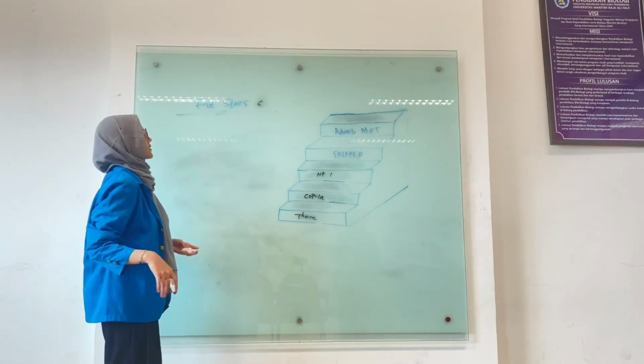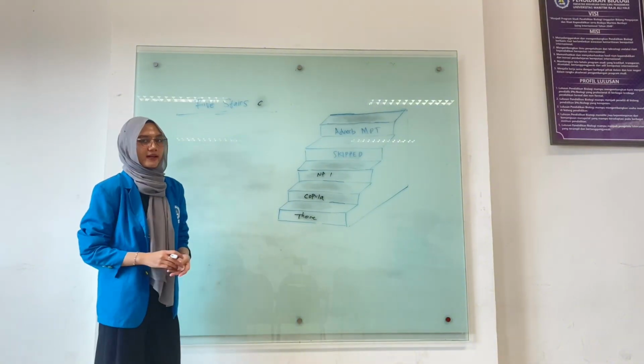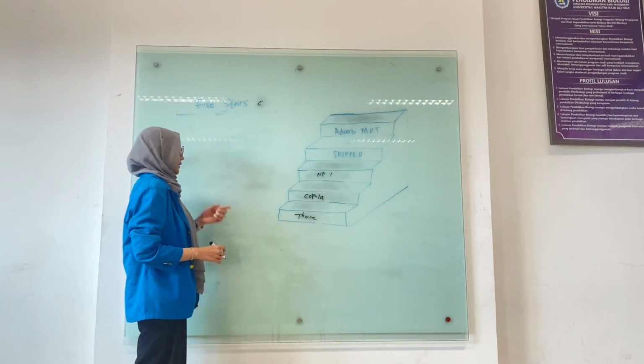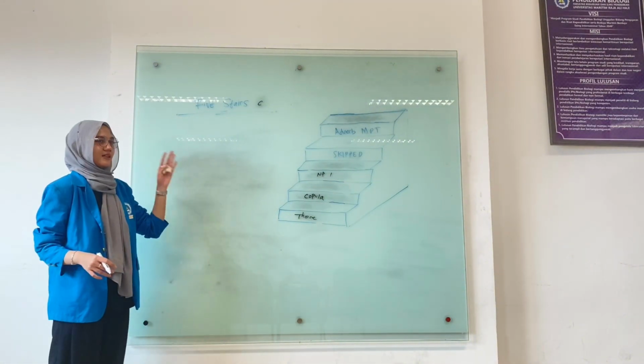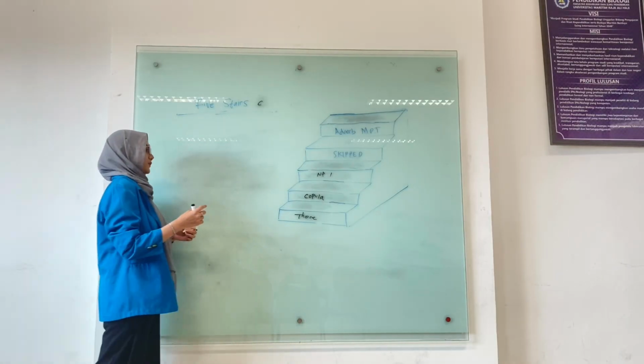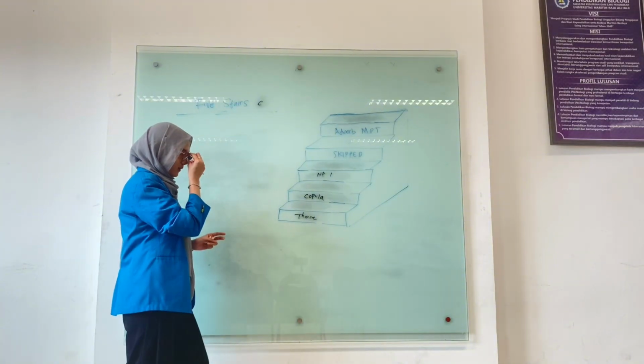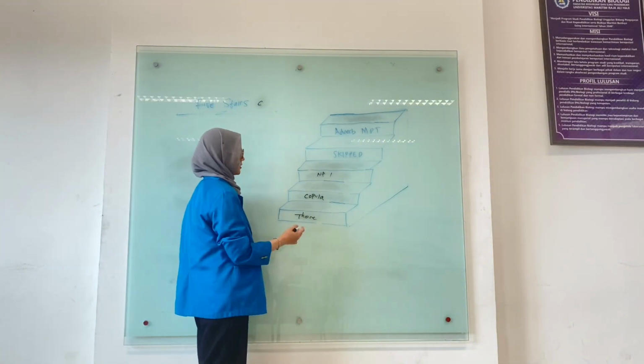Okay, so I will explain about pattern 5 stair C in the simple present tense. Pattern 5 stair C is used to explain that something exists, like things or even a person. So I will give an example first.